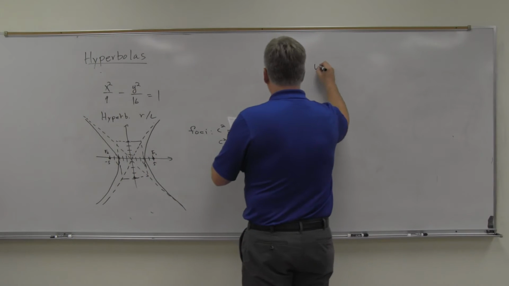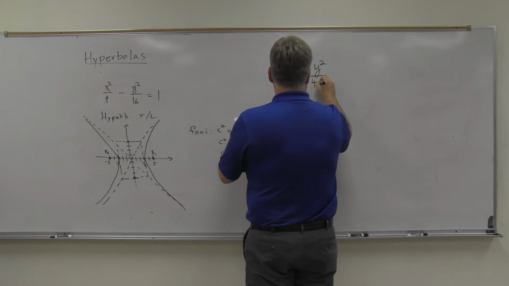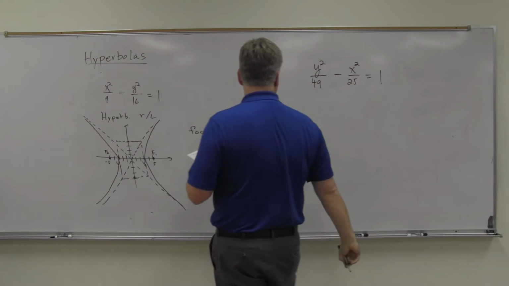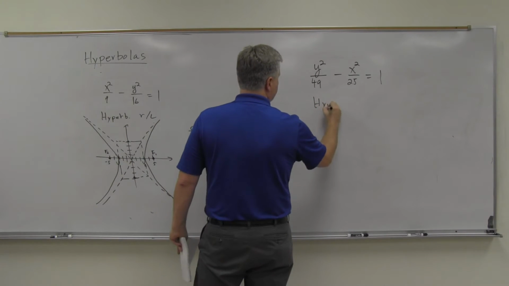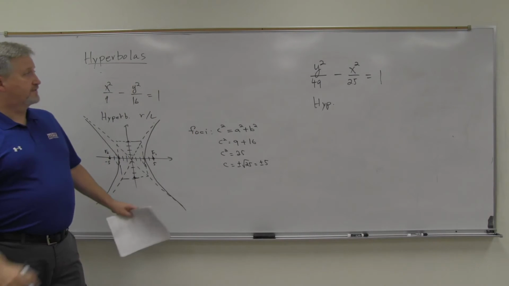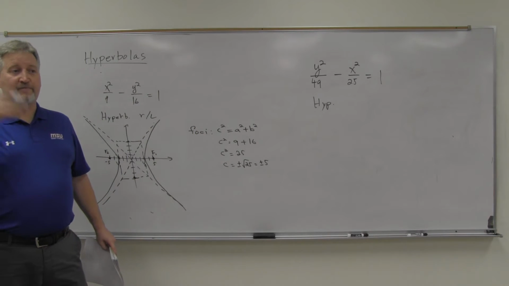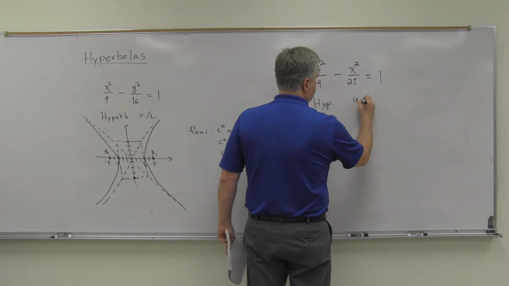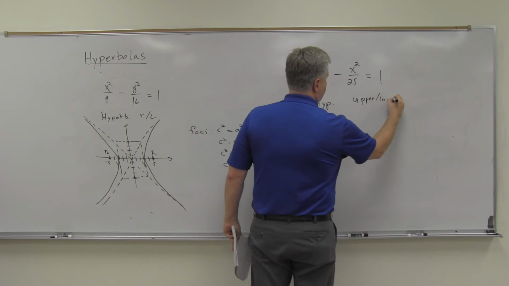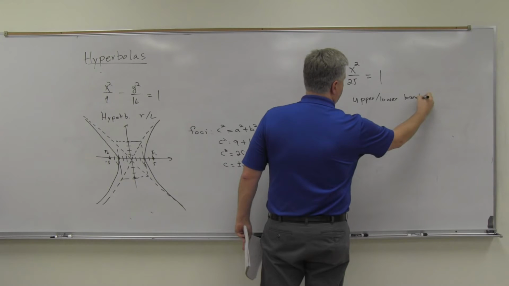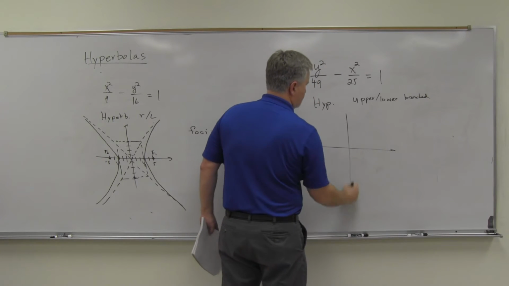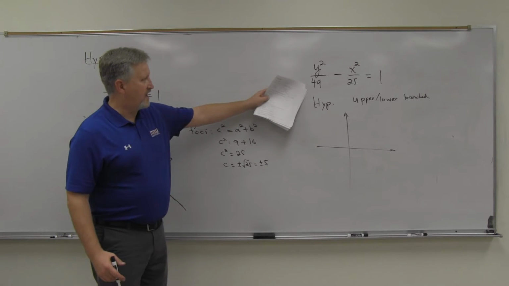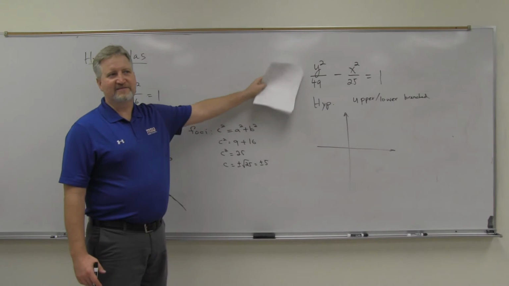All right, y squared over 49 minus x squared over 25 equals 1. Also a hyperbola, but the y squared's first, and so that would be upper and lower, right? Up, down branches? And again, be sure, we get used to putting the 49 as the x, but that's the y, isn't it? Because it's under y squared.